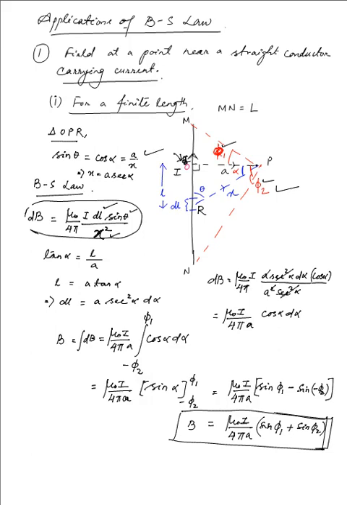So the direction of dl or L is from N to M, that is along the direction of flow of current, and A is the direction or the position of the point P with respect to the given conducting wire. So we have this as the direction of L and this as the direction of R. So L cross R, the cross product, is going to take us into the plane.